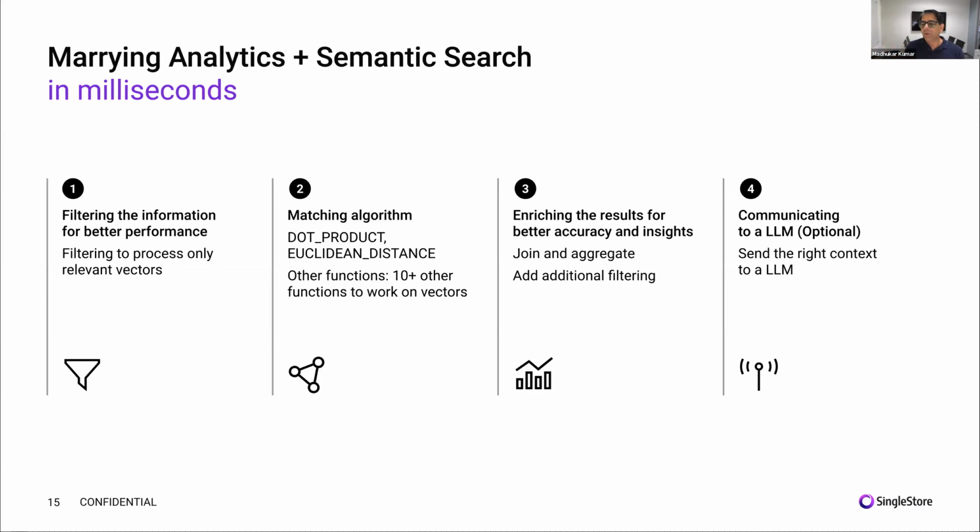So that really involves a combination of both deterministic and probabilistic search. It involves doing metadata-based search as well as looking at similarities, and then combining it and returning it in milliseconds.